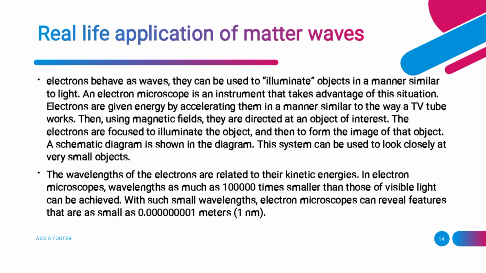The wavelength of the electrons is related to their kinetic energies only. In an electron microscope, wavelengths as much as 1 lakh times smaller than those of visible light can be achieved. With such small wavelengths, an electron microscope can reveal features as small as 1 nanometer.